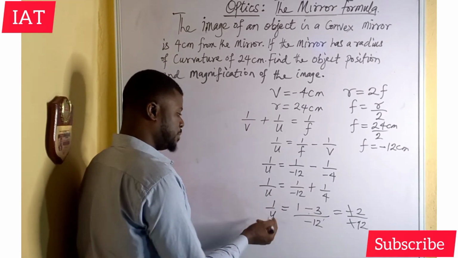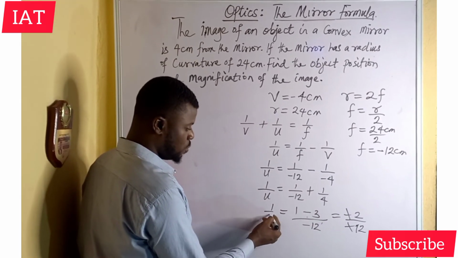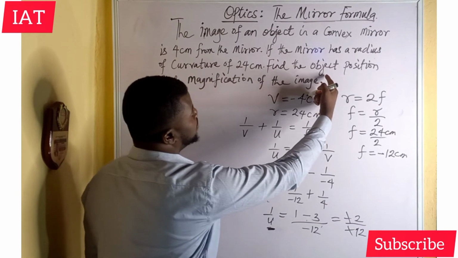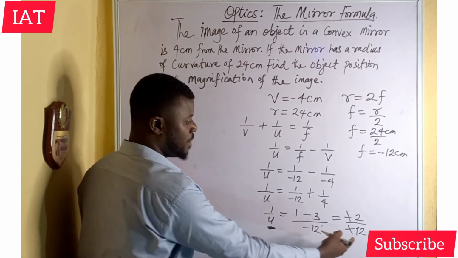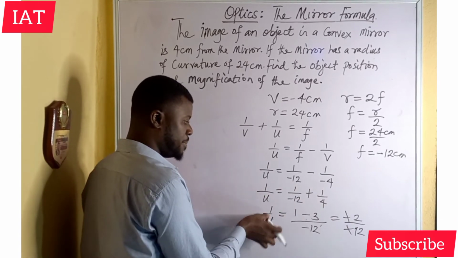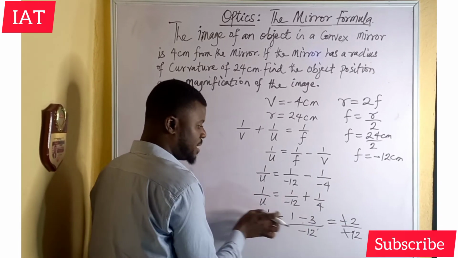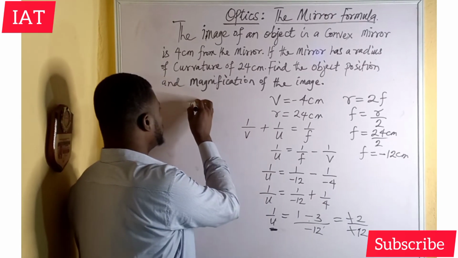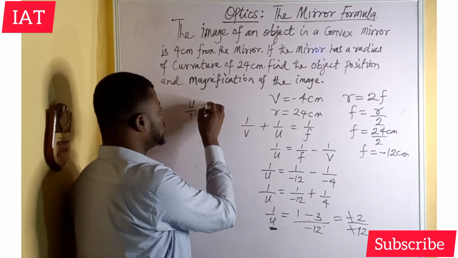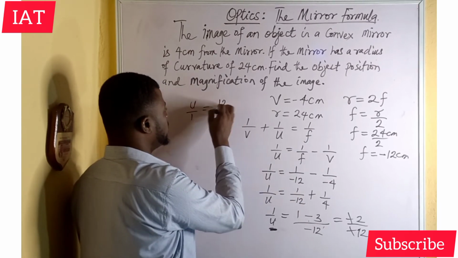If we invert, because we are looking for u, which is the position of the object, if I invert the left hand side, I will have to do so on the right hand side. So at that point, I will have u over 1, which is the same thing as u, equal to 12 over 2.